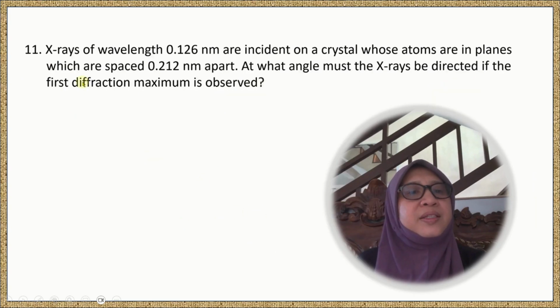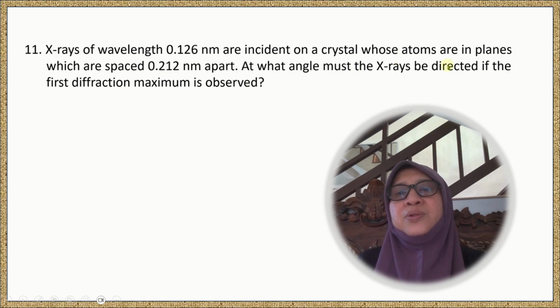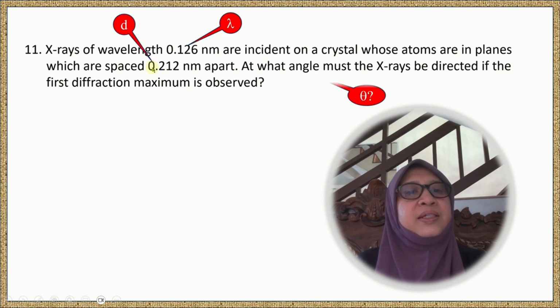Okay, question 11. X-rays of wavelength 0.126 nanometer are incident on a crystal whose atoms are in planes which are separated 0.212 nanometer apart. At what angle must the X-rays be directed if the first diffraction maximum is observed? So lambda is given, d is given.